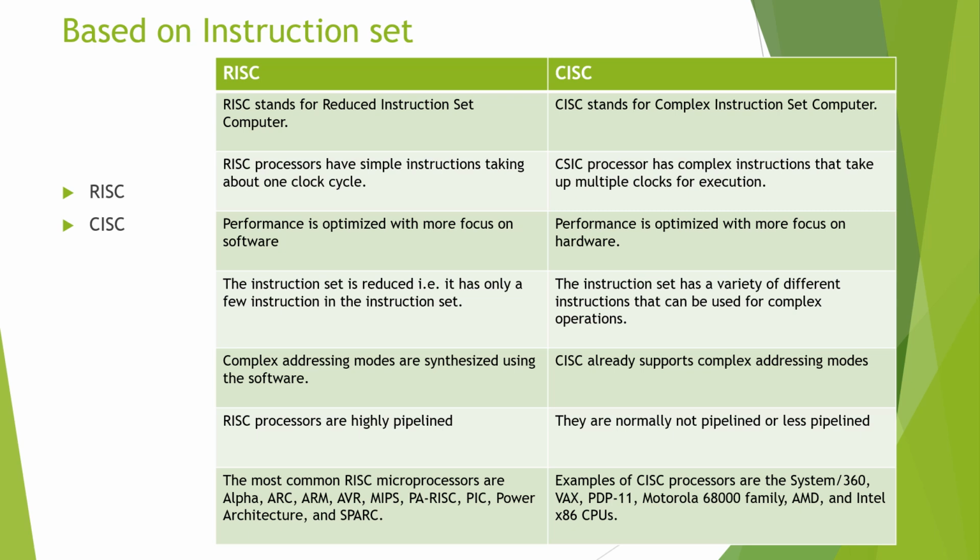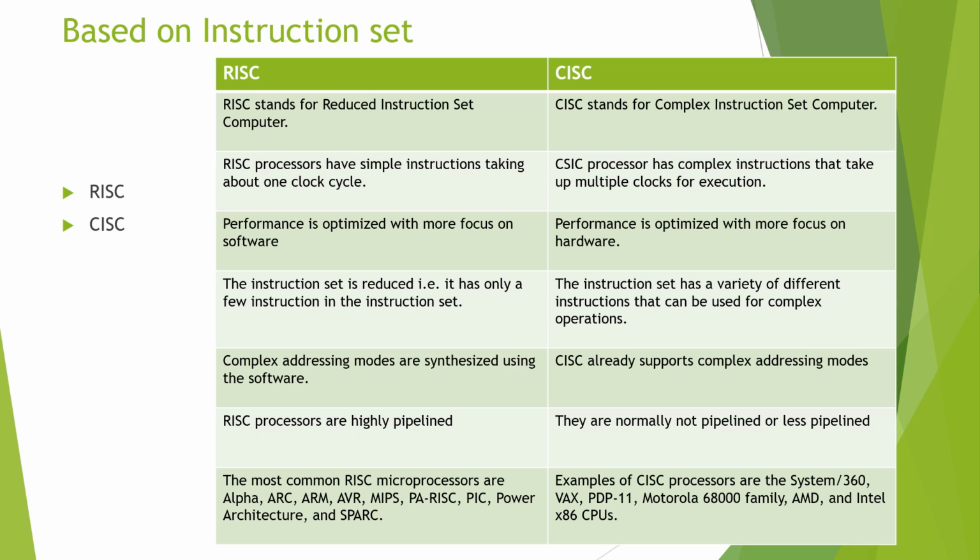That means if we compare CISC and RISC processors, more operations can be done by the hardware in the case of a CISC processor. On the other hand, in a RISC processor, the same kind of operation can be done using software, that means through instructions.